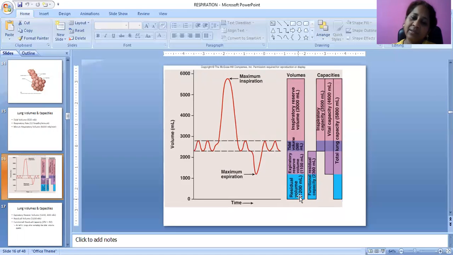In this, residual volume will be 1200 ml and expiratory reserve volume will be 1100 ml. Tidal volume will be 500 ml and inspiratory reserve volume is 3000 ml.